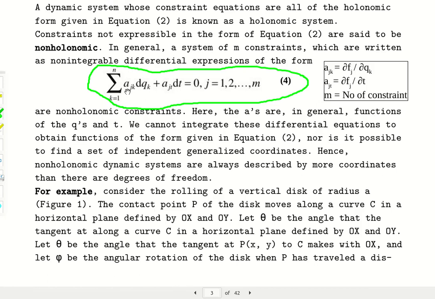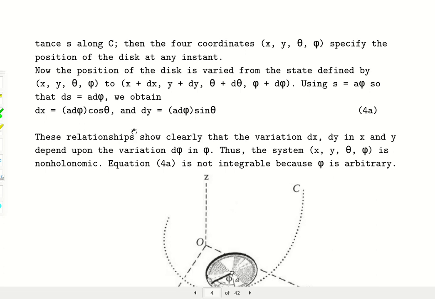In this manner we can find these a_jk coefficients, which are the coefficients of the differentials of the generalized coordinates. And see, there are equations like equation 4, because j runs from 1 to m, the number of constraints. So here you can see we also get two such equations. So the number of constraints is 2.